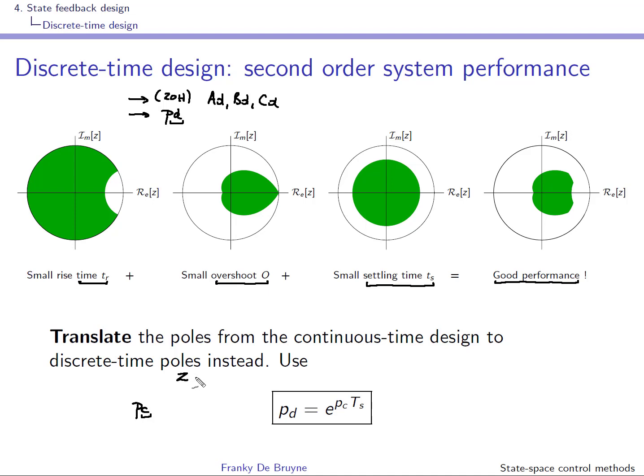Remember that this relation is z equals e to the power TS s, and TS is here the sampling period. If you now have those poles from a continuous time design, you can translate them to poles that you can then use in a discrete time design together with the discrete realization of the system obtained using the ZOH discretization method.